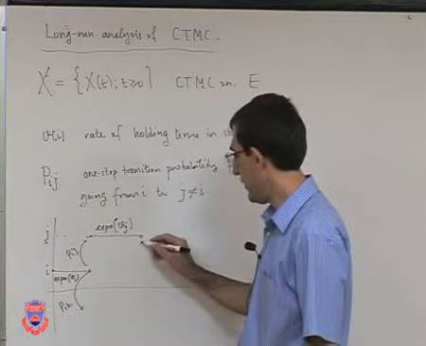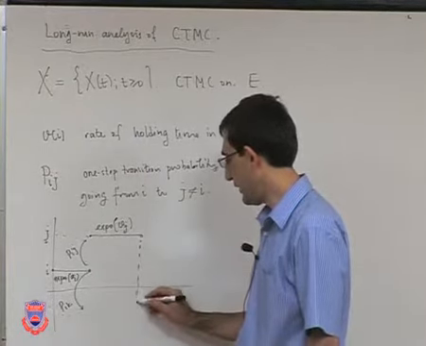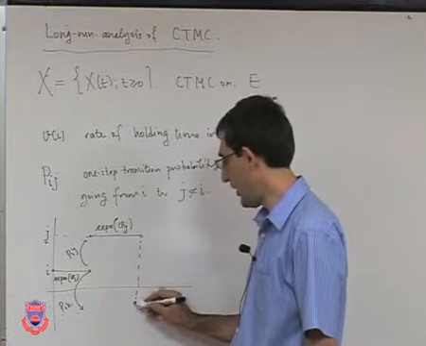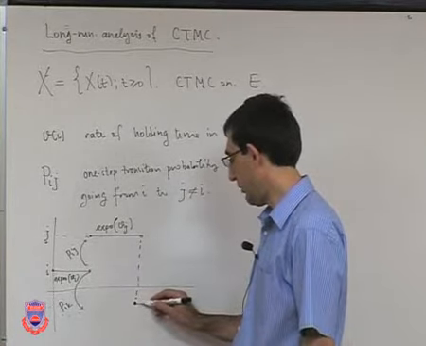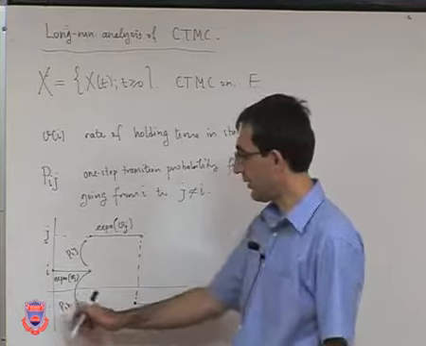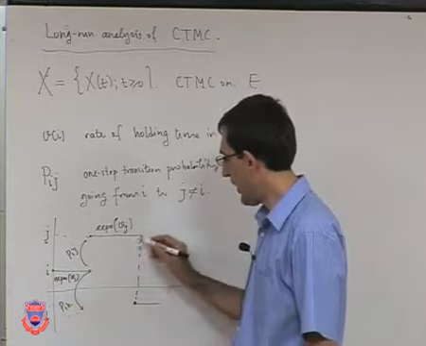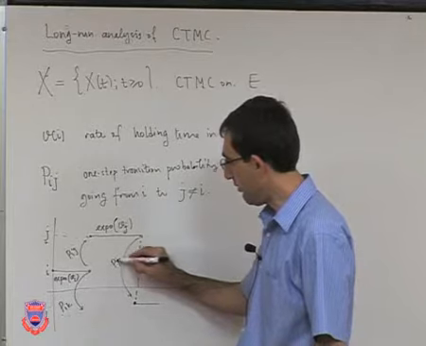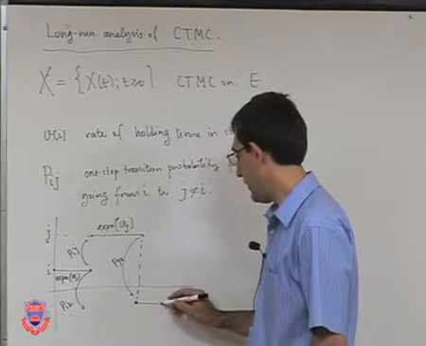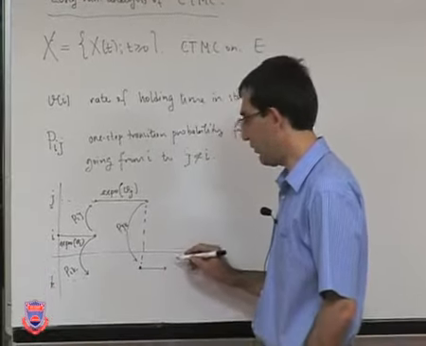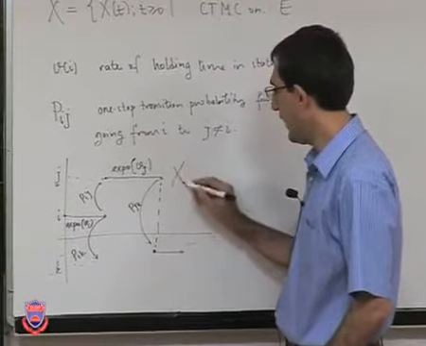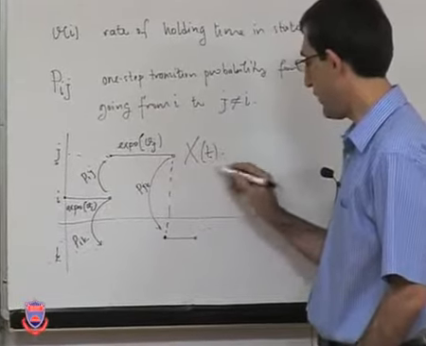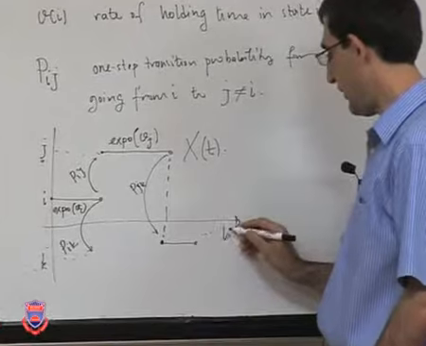If the next state into which the chain jumps is k, which happens with probability Pjk, it stays there, and so on and so forth. So that's a typical sample path of the process X(t) as time t progresses.